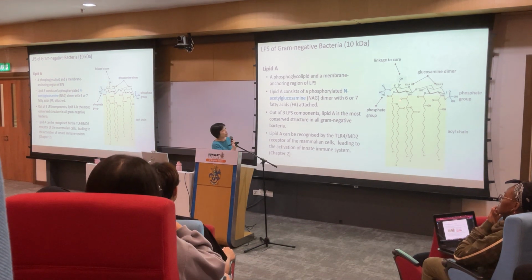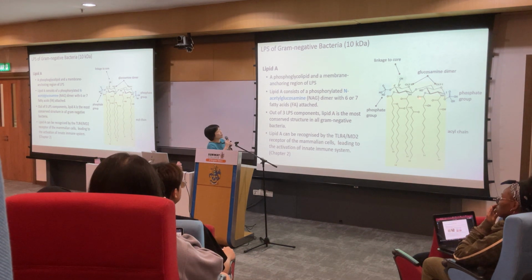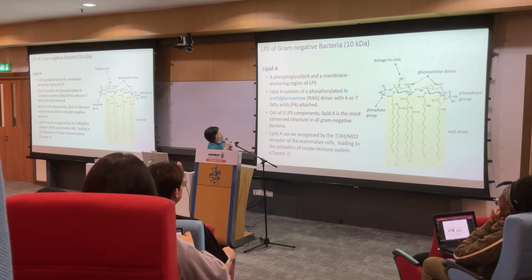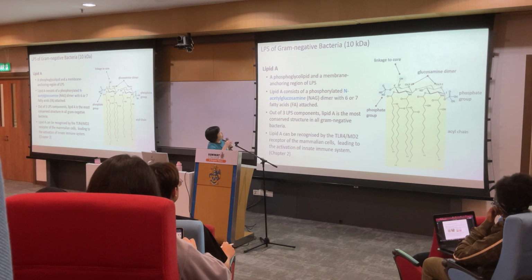NAG is also present here, but it is formed as a dimer. In addition, of course, you have a phosphate group linking with the glucosamine dimer. And at the bottom here, we have 6 to 7 fatty acids attached to the dimer.